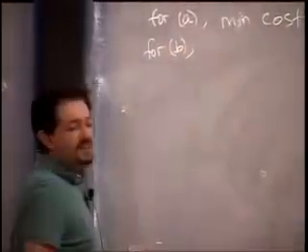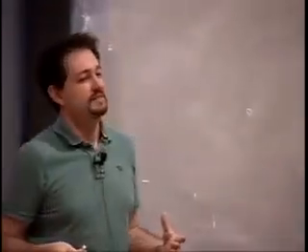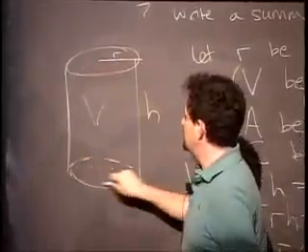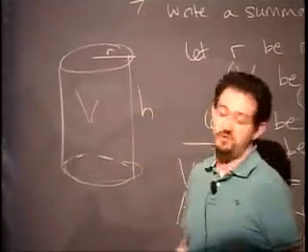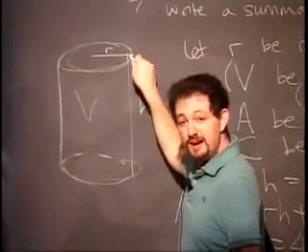The cost is the same as it was before, plus the welding. The welding involves 14 cents per inch. And where is the welding? Well, if you look back over here, top, bottom. What is this length? It's the circumference, 2 pi r.